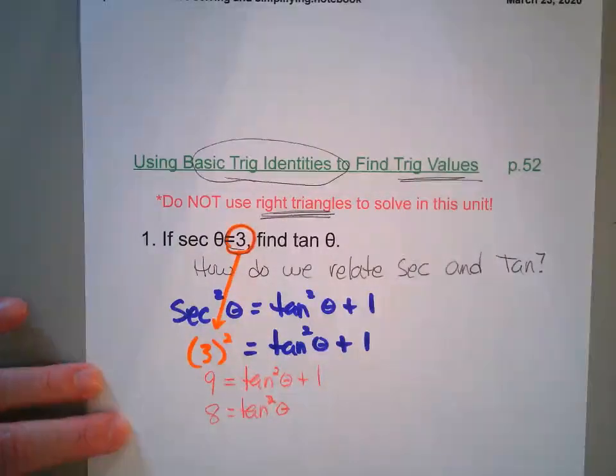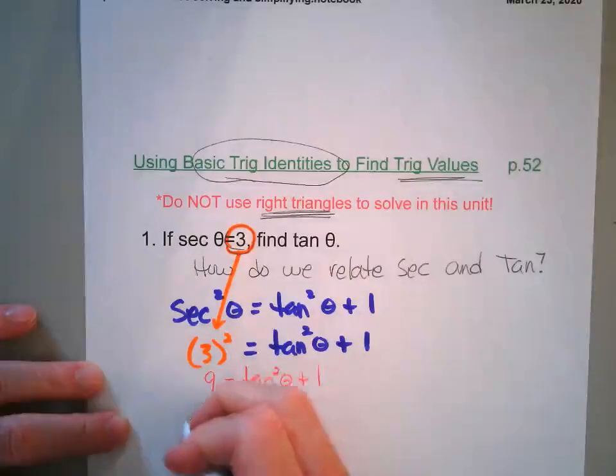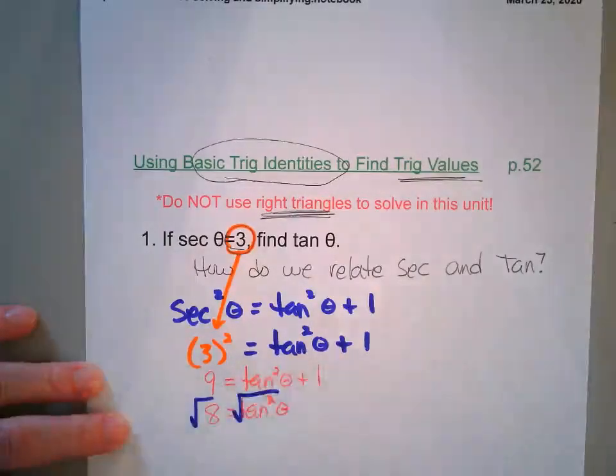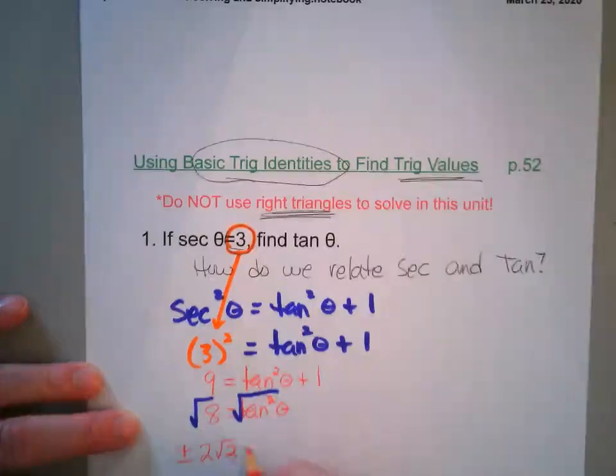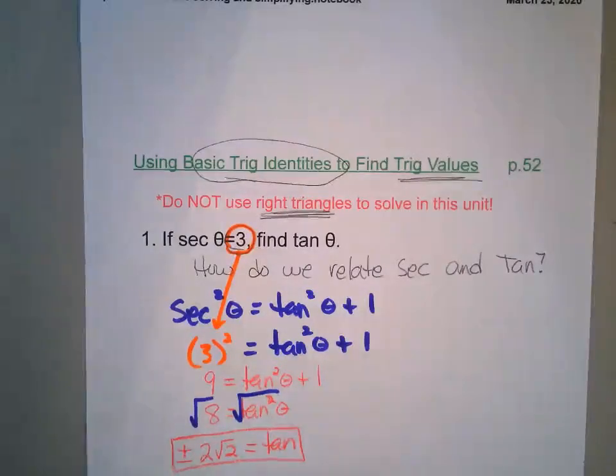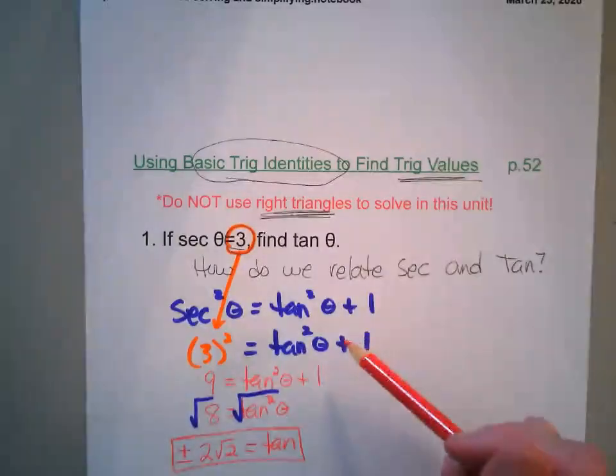Square root both sides. When you take the square root, plus and minus, 2 square root of 2, no decimals, equals tangent, and there it is. That is tangent. And that's how we use an identity to get a value.